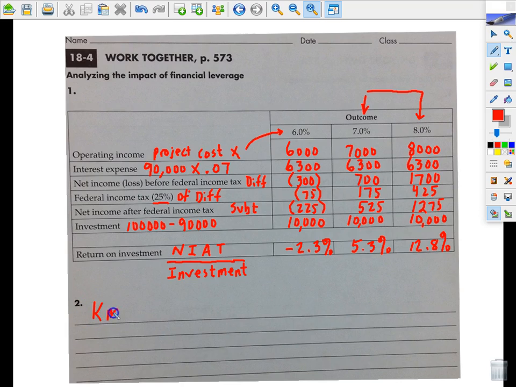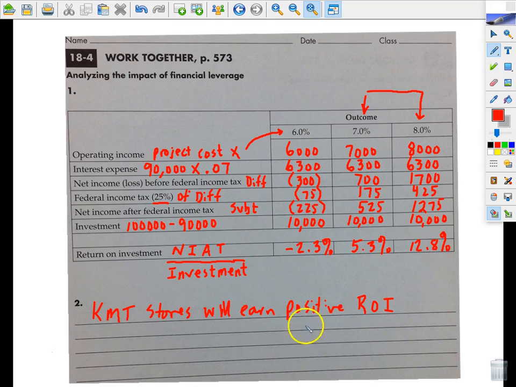So we could summarize it kind of like this. KMT stores will earn, I'm just going to abbreviate positive return on investment, which is what we're always looking for. That means we made more money off of our investment.